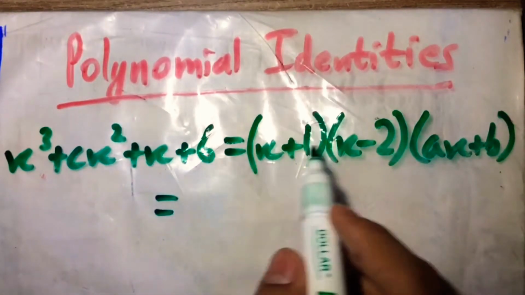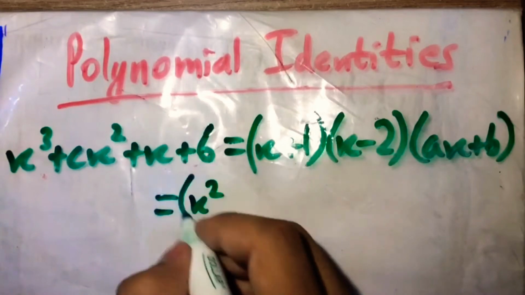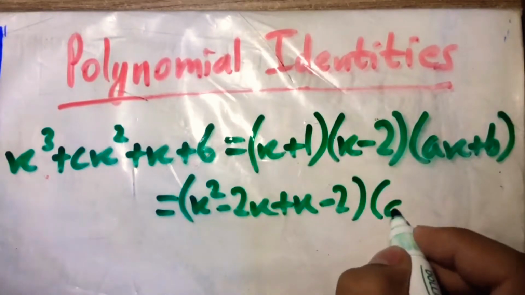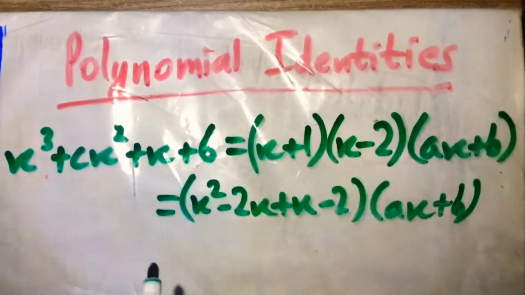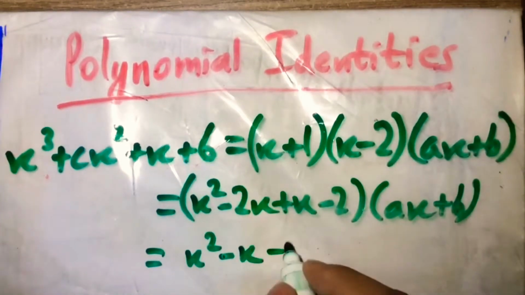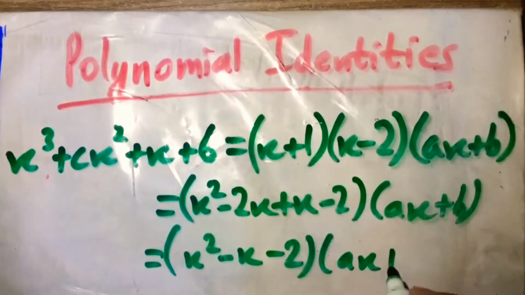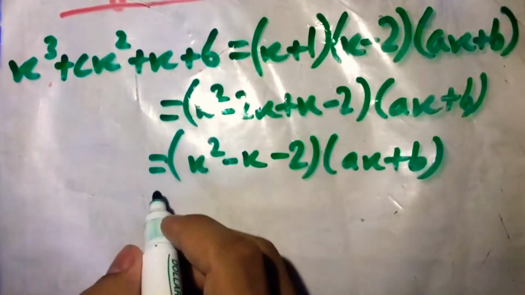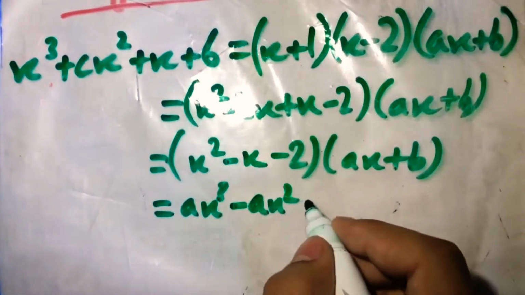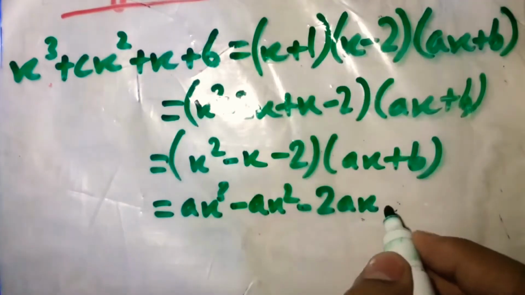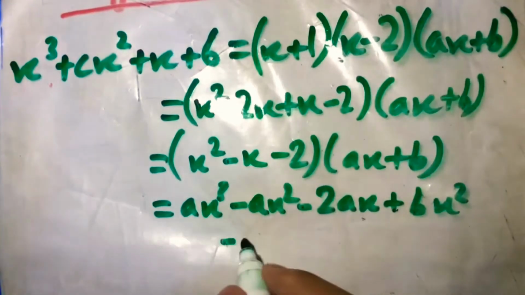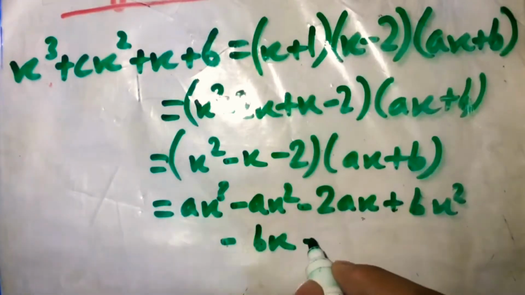So this is equal to x square minus 2x plus x minus 2, ax plus b, equals x square minus x minus 2, ax plus b, equals ax cube minus ax square minus 2ax plus bx square minus bx minus 2b.